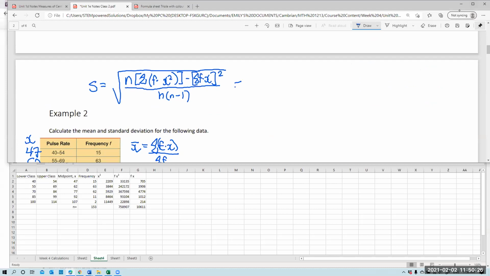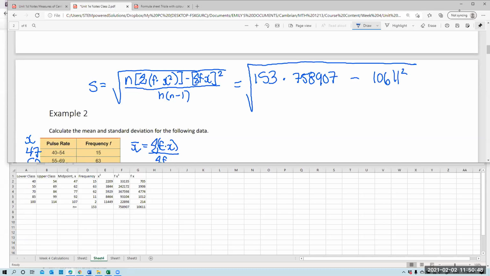So this equals 153 times the sum of f dot x squared, which is 758,907, subtract 10,611 squared, square root this entire thing, divided by n, which is 153 times 152.